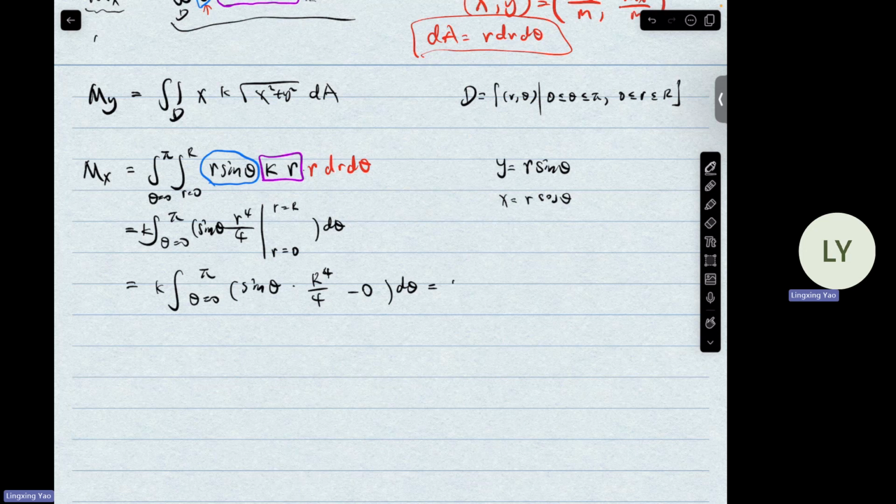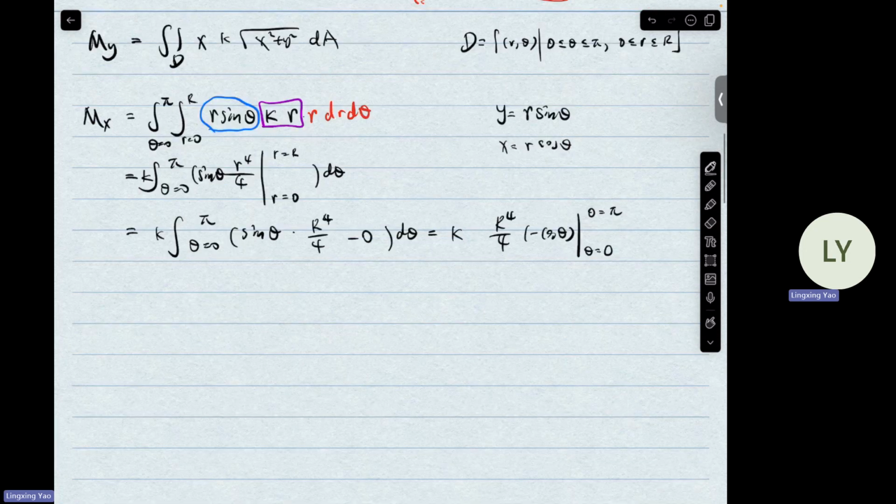So here we have k times big R to the 4 over 4 times negative cosine theta as the antiderivative. And then we keep going. So we have constant k times R to the 4 over 4, and then we have negative cosine pi minus negative cosine 0. So this is what we have.